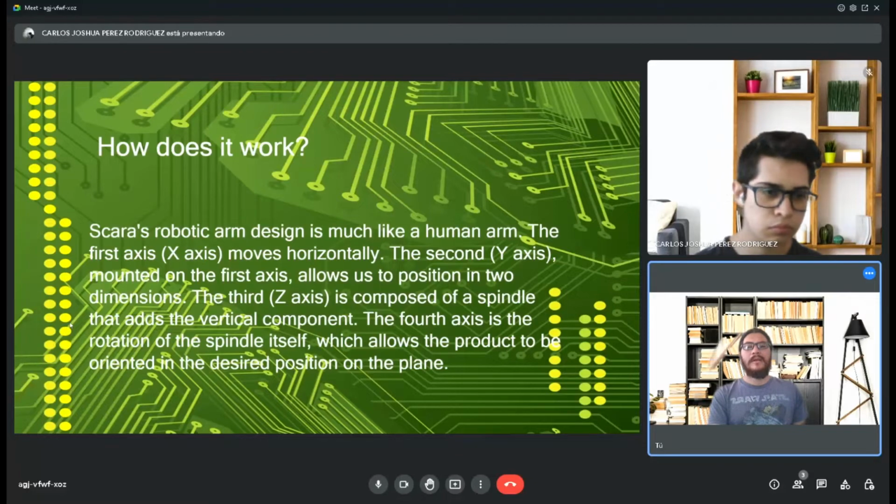The third axis is the component of the spindle that adds the vertical component. The fourth axis is the rotation of the spindle, which also orients the product in the same position on the place.